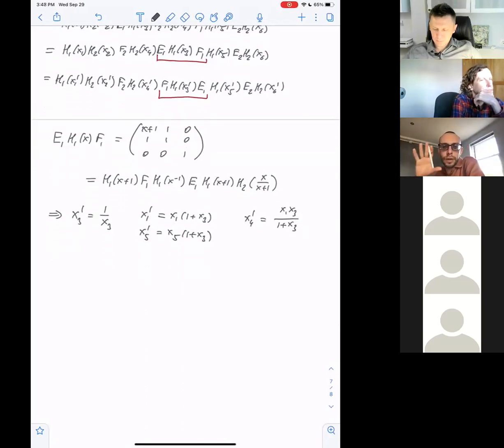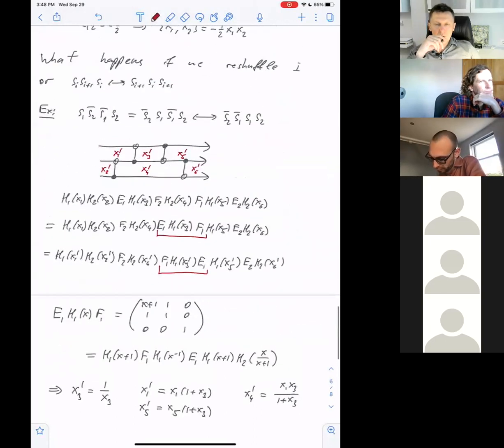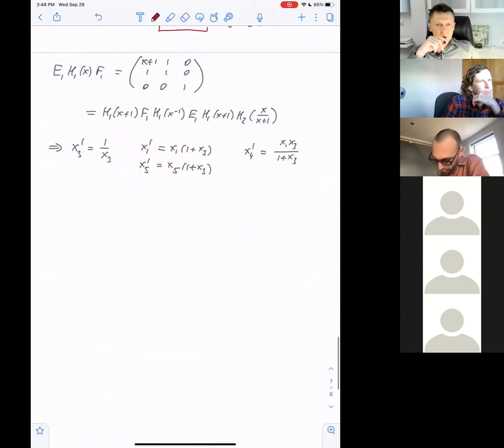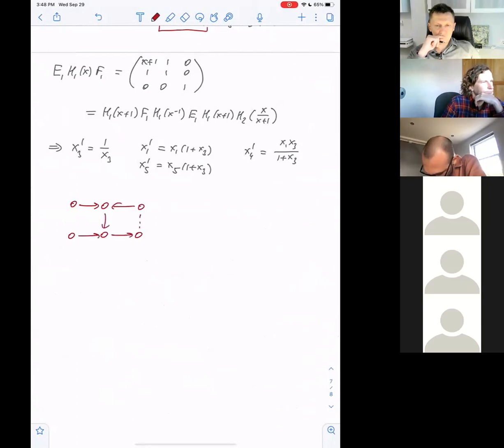Let me now draw the same thing, but in terms of quivers that tell us the Poisson brackets. So before we had a quiver, originally we had a quiver like this. And this was x1, x3, x5, x2, x4, x6.